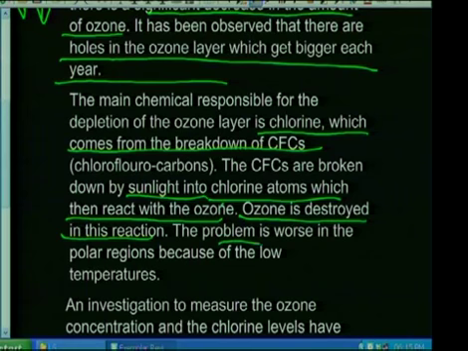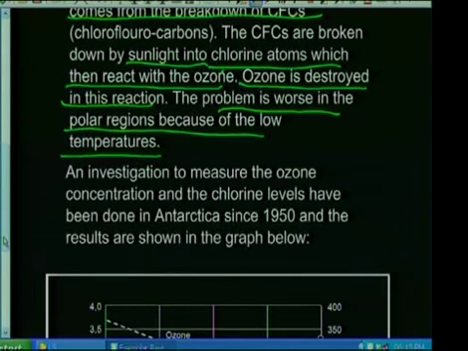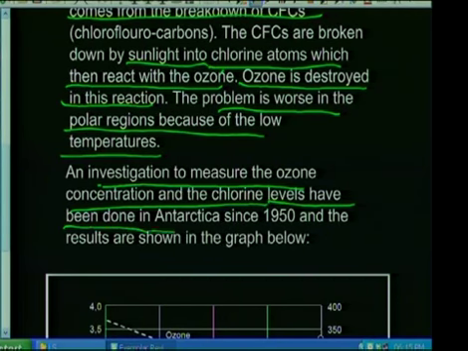The problem is worse in the polar regions because of the low temperatures. Lower temperature stimulates this negative reaction. An investigation to measure the ozone concentration and chlorine levels has been done in Antarctica since 1950, and the results are shown in the graph below.